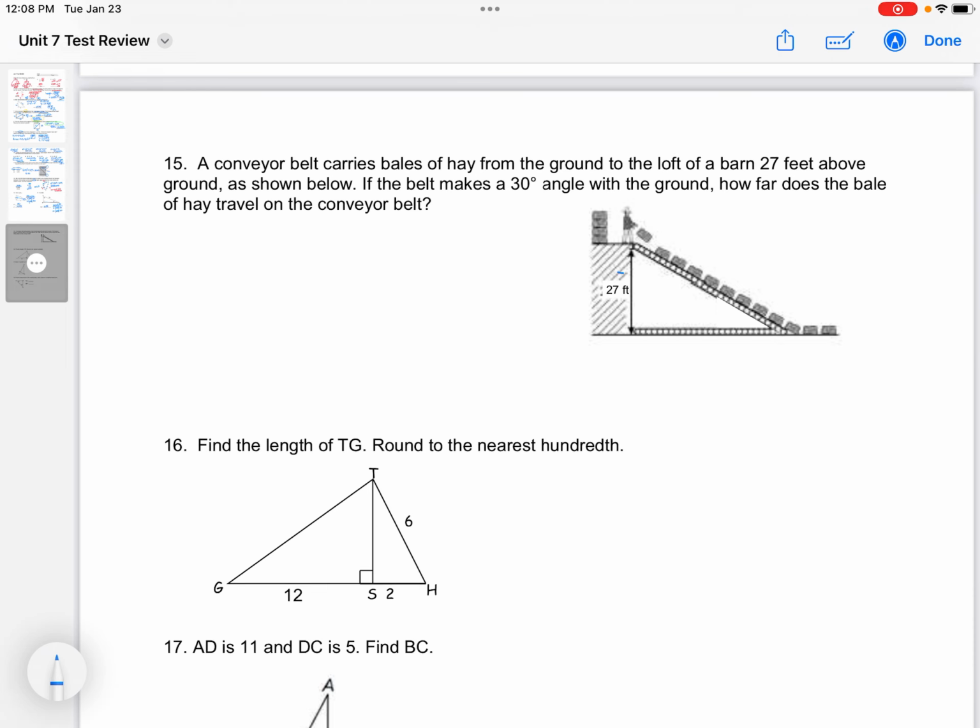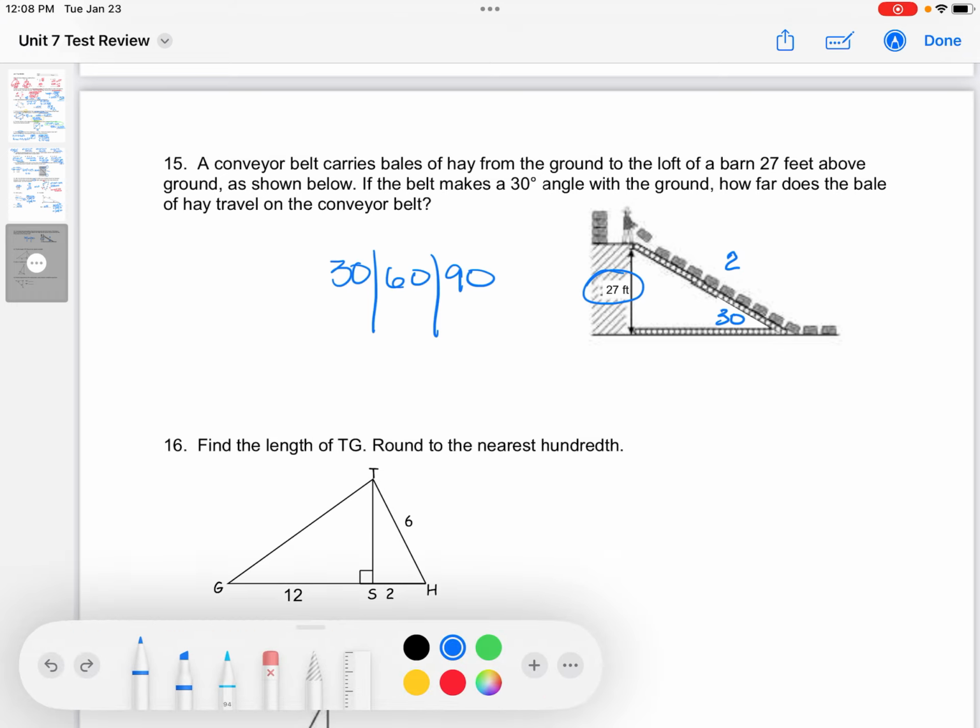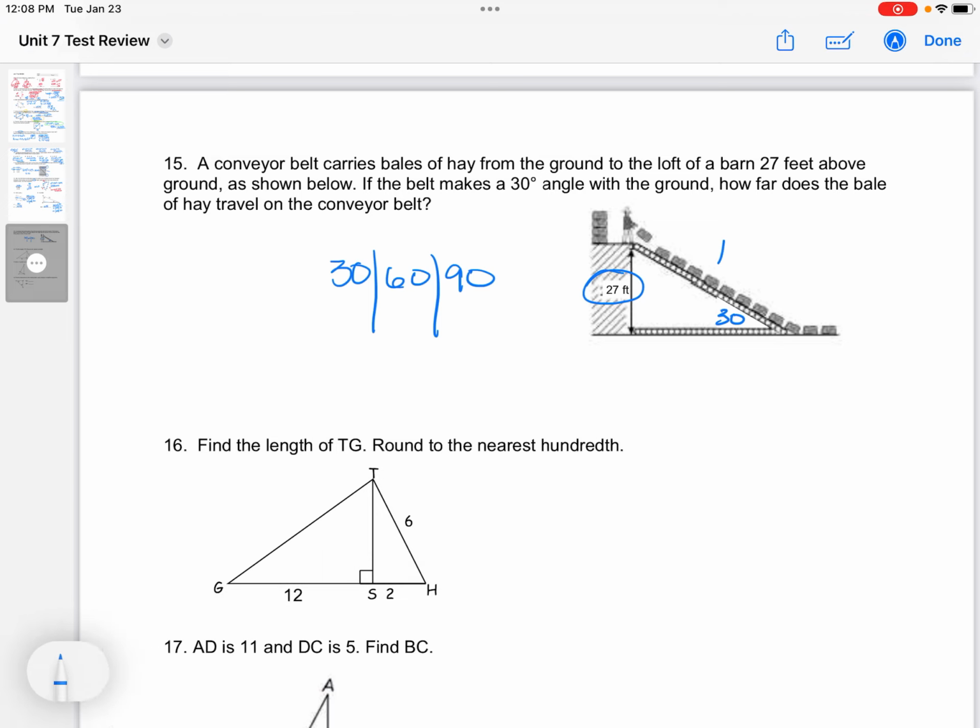All right. That's my 30. How far the hay travels is what we're looking for, right? That was supposed to be a question mark. This is what we're looking for.